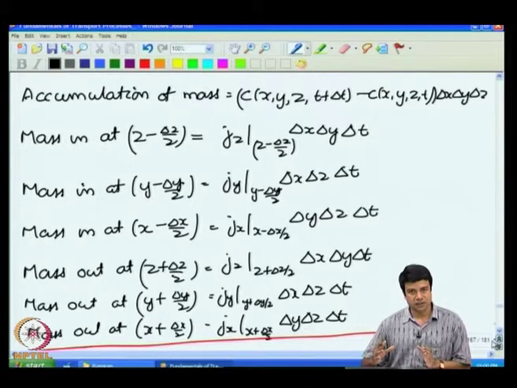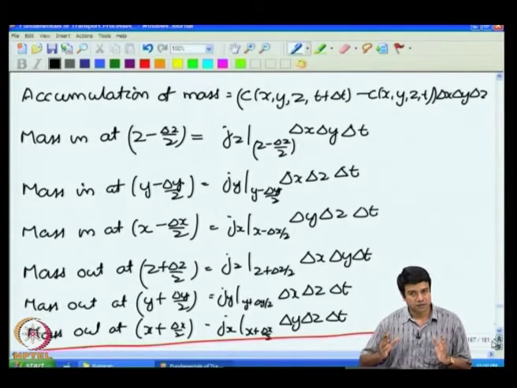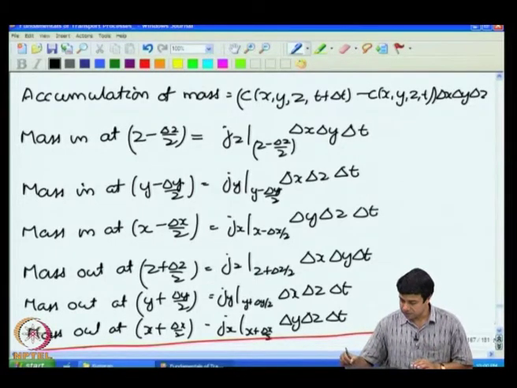And you write balance equations which contain rate of change, that is the change within the volume within a time delta t, the amount of mass coming in and going out of each of these surfaces. At the surface at z, if there is a flux in the plus z direction, the mass increases. Surface at z plus delta z, there is a flux in the plus z direction leaving that surface.